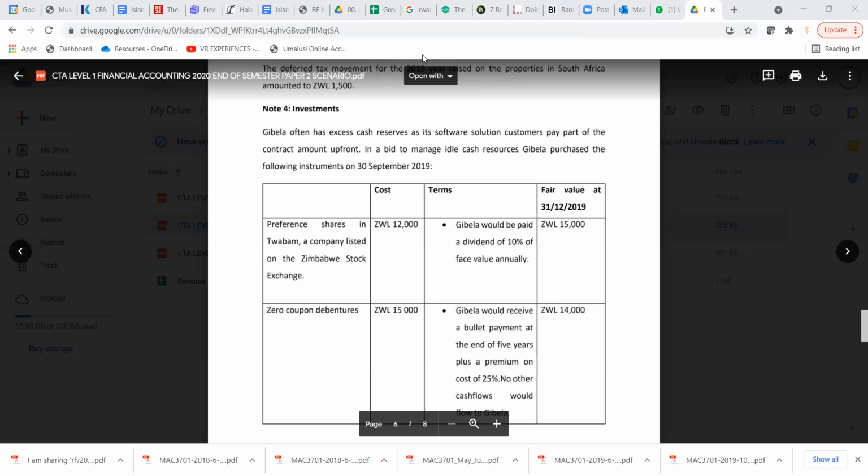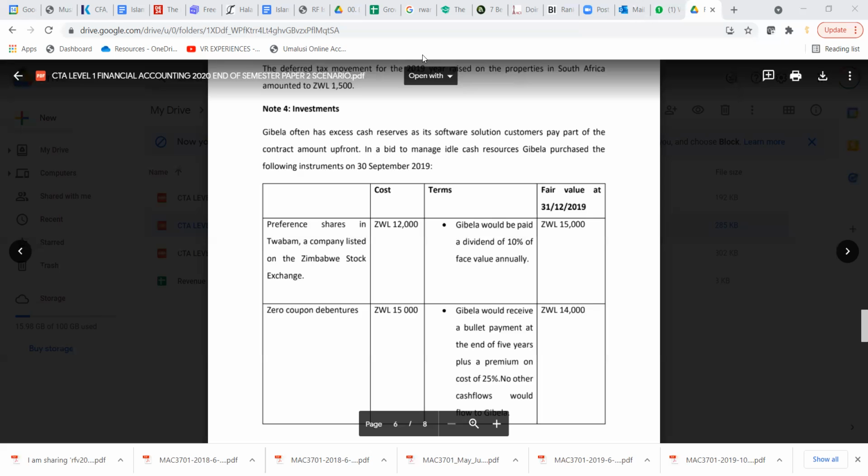Which one do you have to make it fair value through OCI? When it's in a business model to collect contractual cash flows, but the second criteria is not met. The second criteria is the cash flows of interest, principal, and to sell the asset. Okay, so the cash flows are made up of three things: interest, principal, and the sale of the asset.